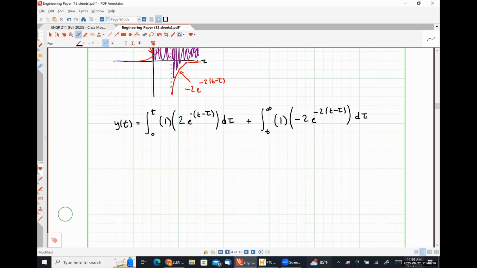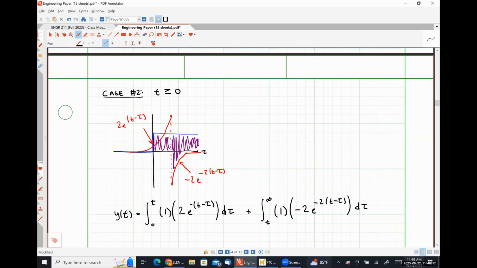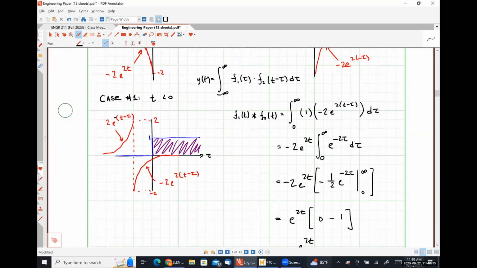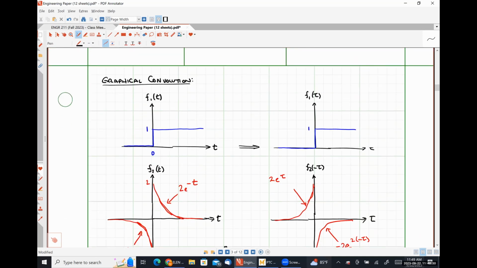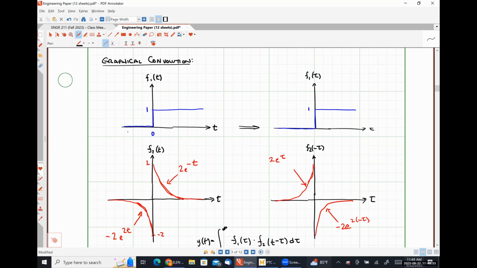Yes, Ryder. Okay, so once again, going back to our fundamental definition, we're simply multiplying our first expression as a function of tau times our second expression as a function of t minus tau. So since our original expression here was 2e to the negative t, it should show up as 2e to the negative t minus tau when we're sliding it about.